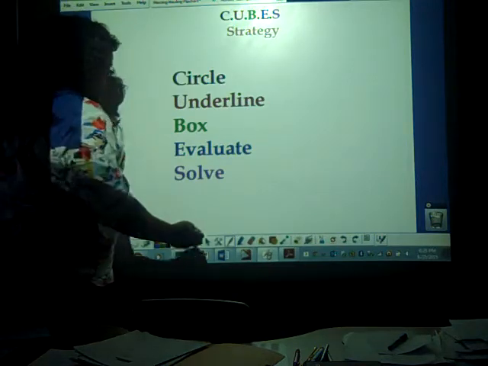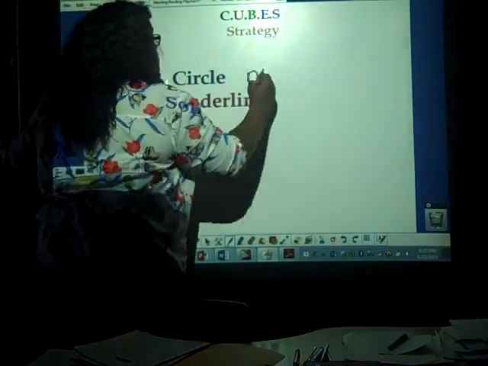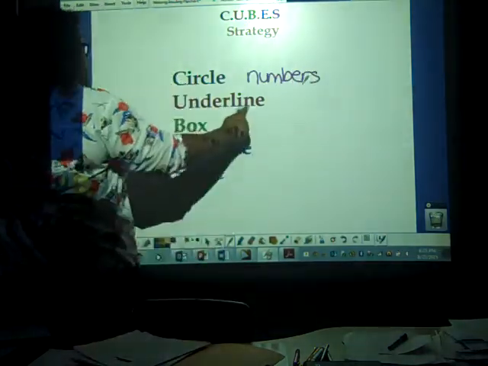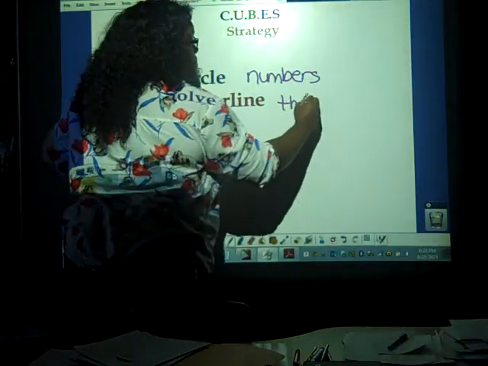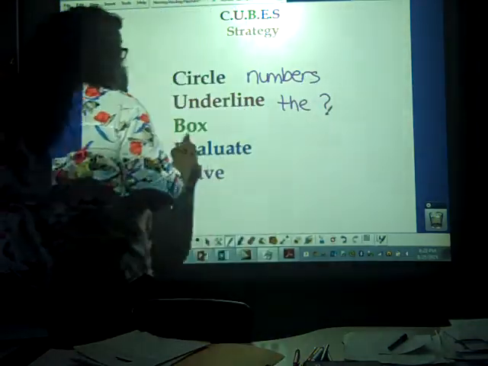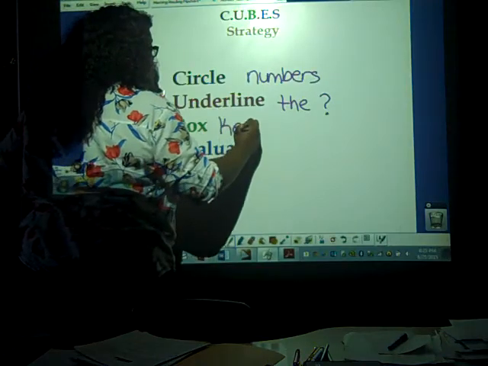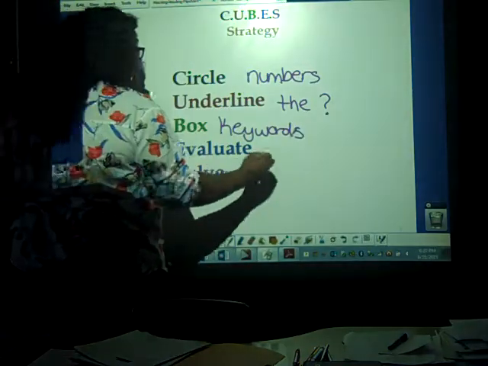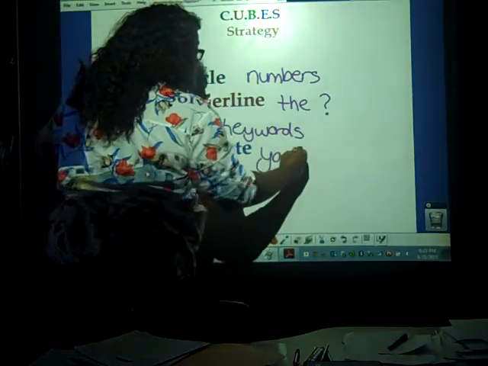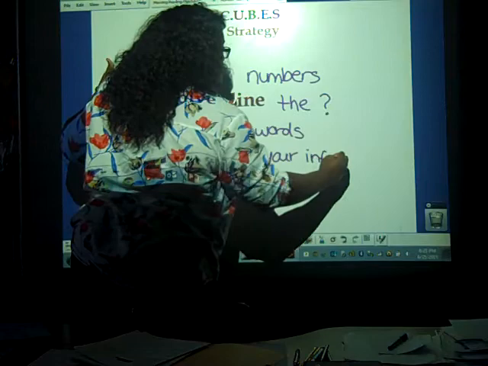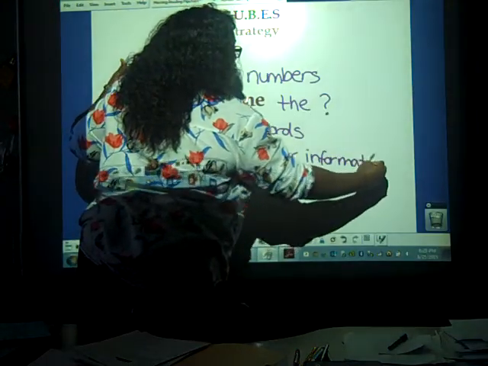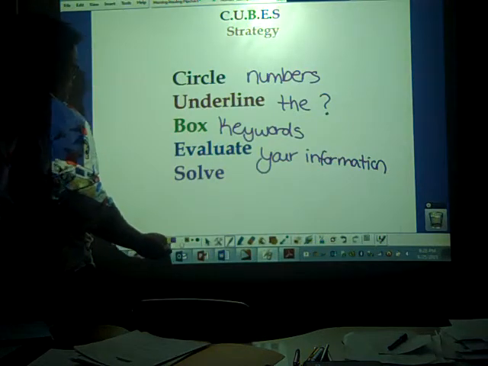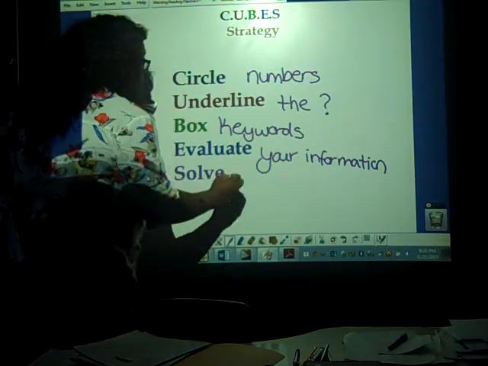We're going to circle our numbers, underline the question, box in keywords, evaluate your information, and solve. I can't write this in purple because that's already purple.